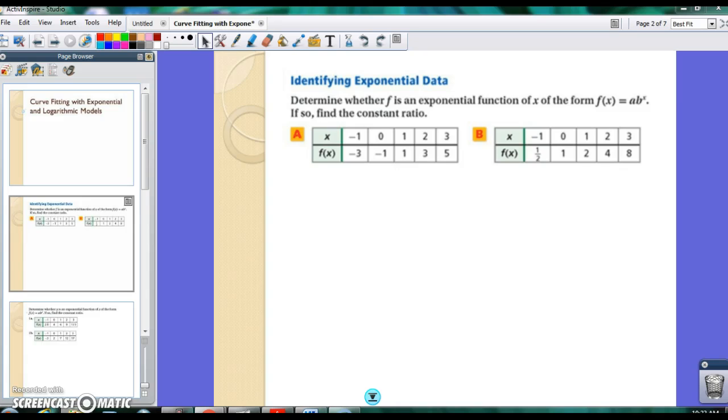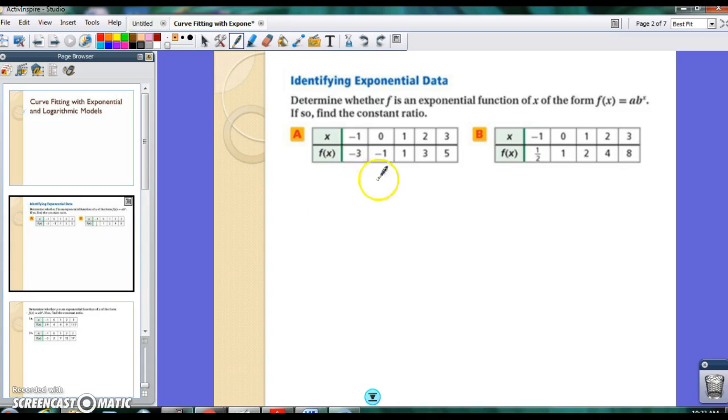How we determine whether or not we have exponential data is, instead of taking the difference, we're going to find the constant ratio. And how we do that is very straightforward, very easy.